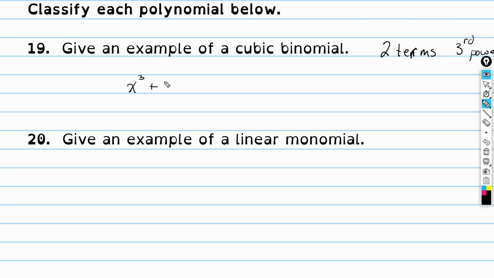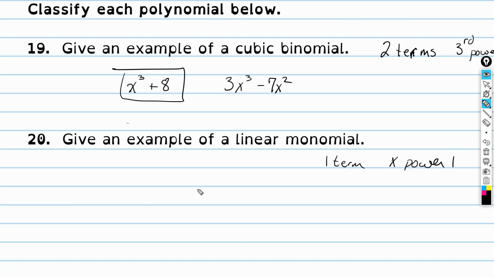So I'm going to add 8. That is a cubic binomial. I could have also done something like 3x to the 3rd minus 7x squared. That is also a cubic binomial. So a linear monomial is anything that has 1 term and x has a power of 1. So something like 3x.